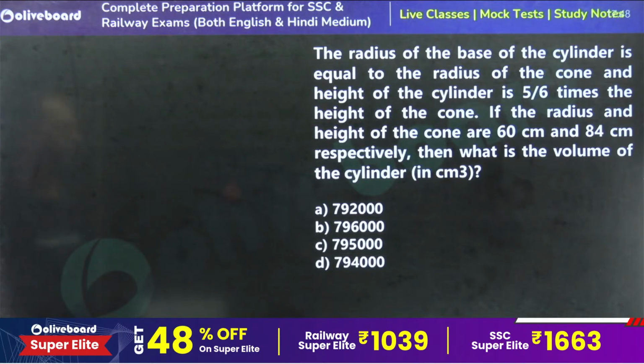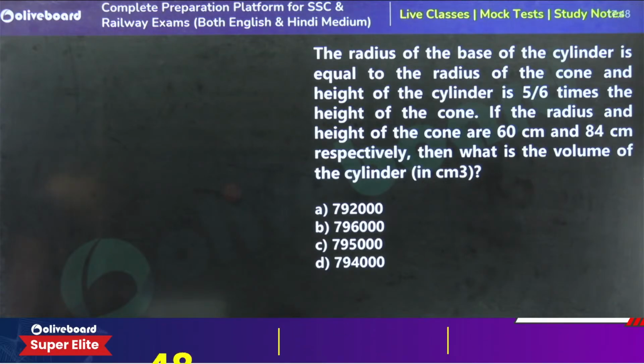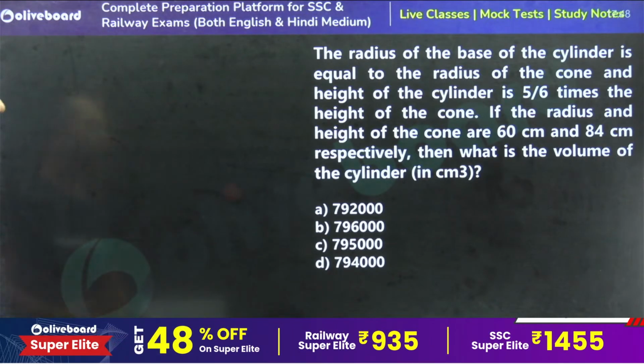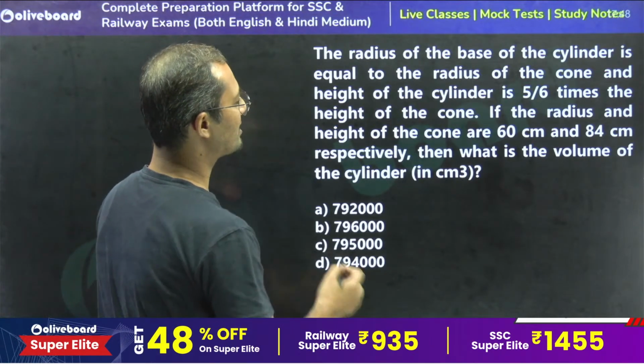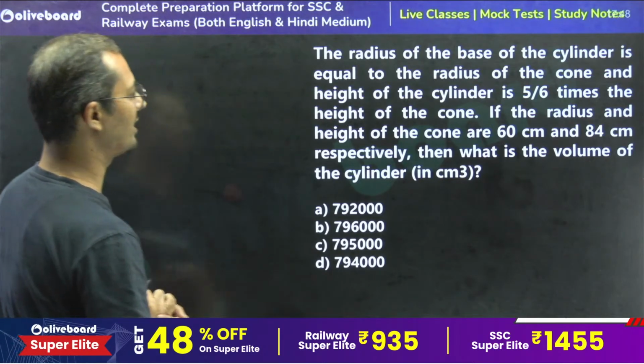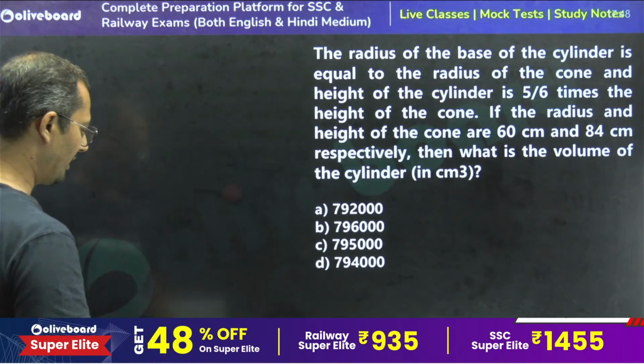Okay. So moving to next question. Tell me what is the answer for this question. Yes, please. See, the radius of the base of the cylinder is equal to the radius of the cone.